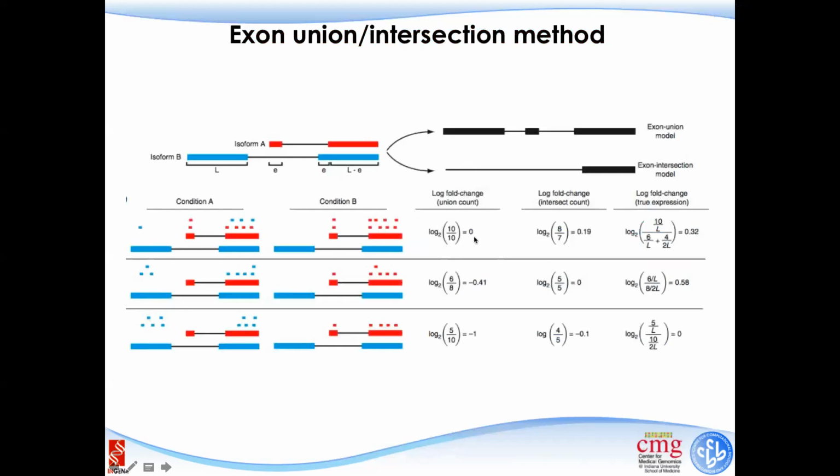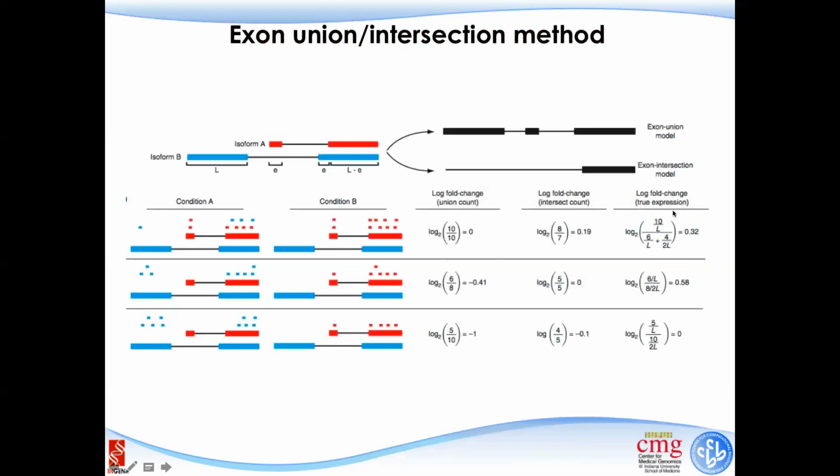So the fold change will be 1, the log fold change will be 0. But if we just use the intersect counts, we have the number of reads mapped to the intersect region. Here is 7, here is 8. So the fold change is 8 divided by 7.